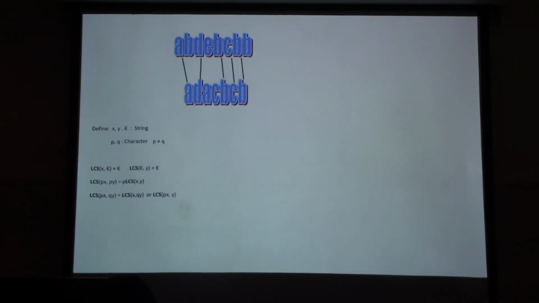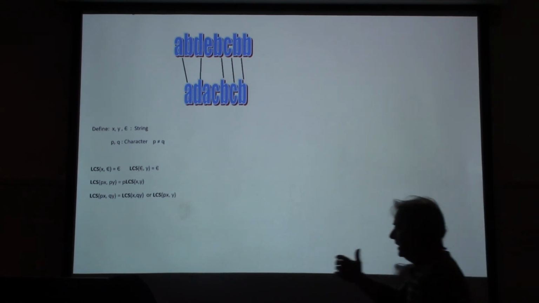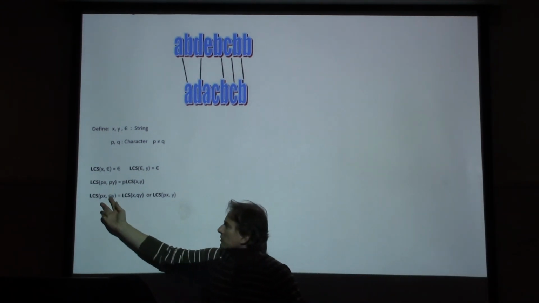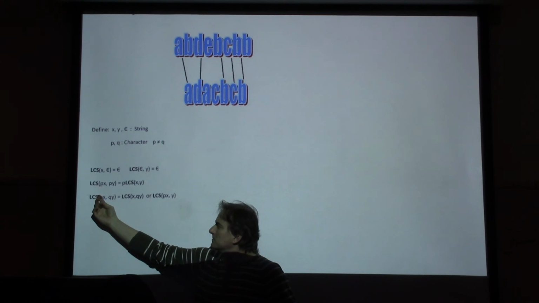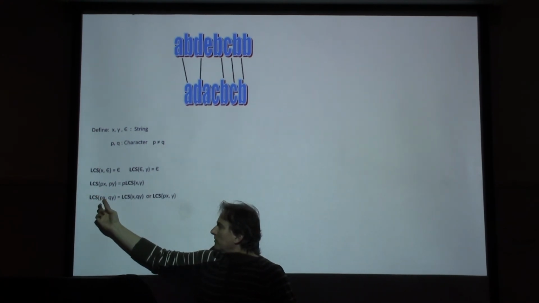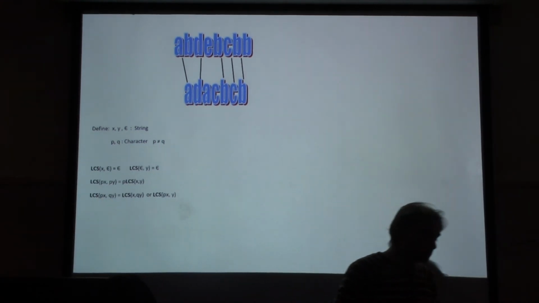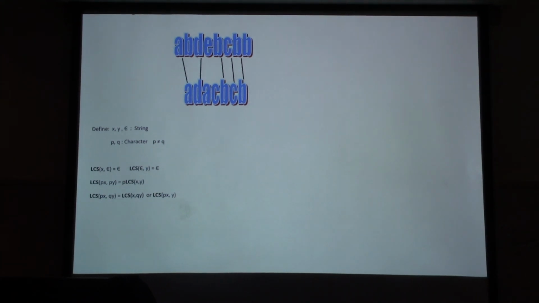Maybe yes, maybe not. At the same time, P and Q don't match, but if I remove the P, it's possible that the first character of X matches Q. Maybe yes, maybe no.